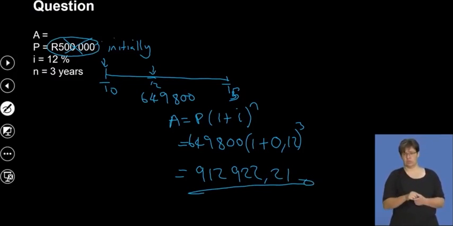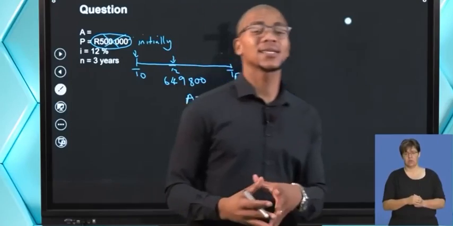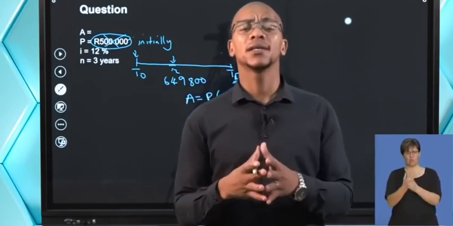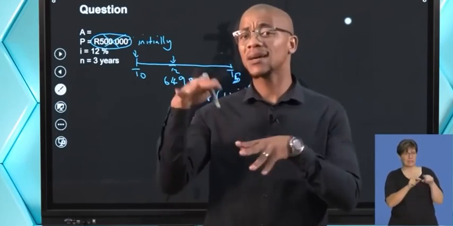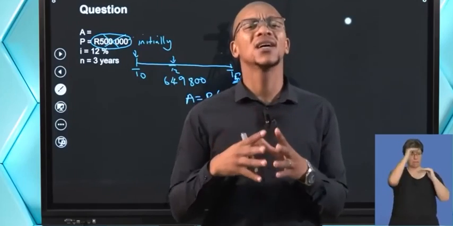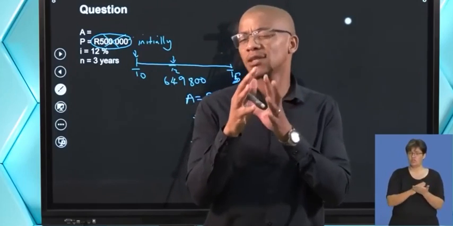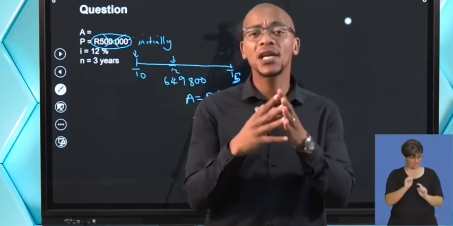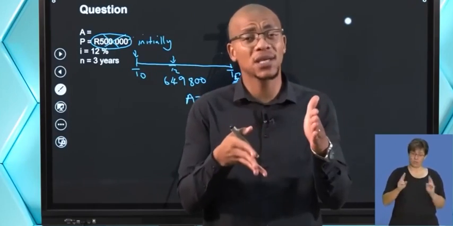Remember, we're talking money, so you're not going to say 0.21. It's 21 cents. So you can see that although a share market, guys, remember when we were looking at the random growth, we spoke about the exchange rate and how sometimes it fluctuates, at times it goes down and all of that. So the share market is not really that much of a trusted thing, especially if you're looking for a short-term investment.